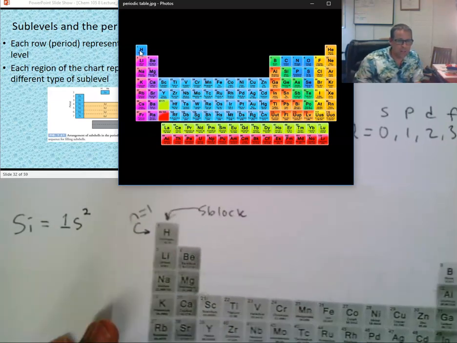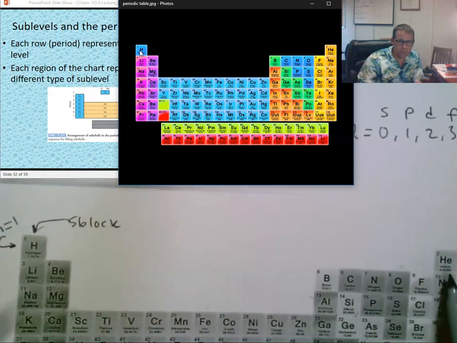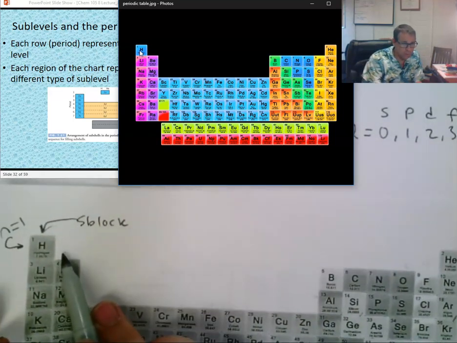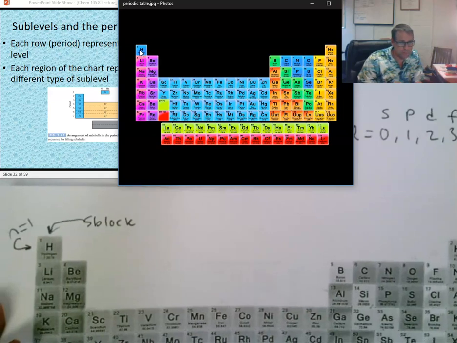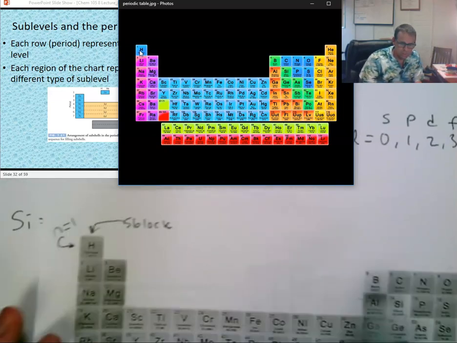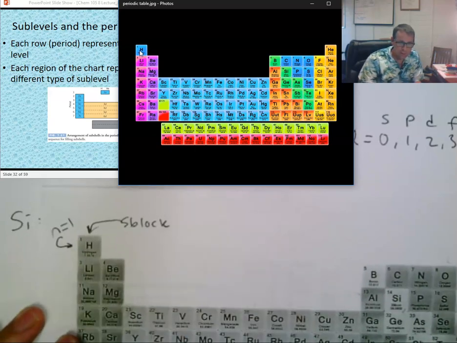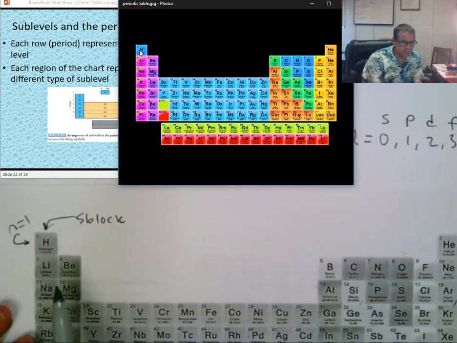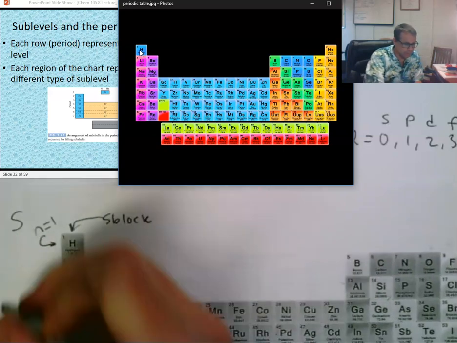Helium is over here, but it really could be considered over here in the S block for these types of electron configurations. So after we do 1s2, that's 2 electrons, hydrogen and helium. The next 2 electrons are lithium and beryllium.